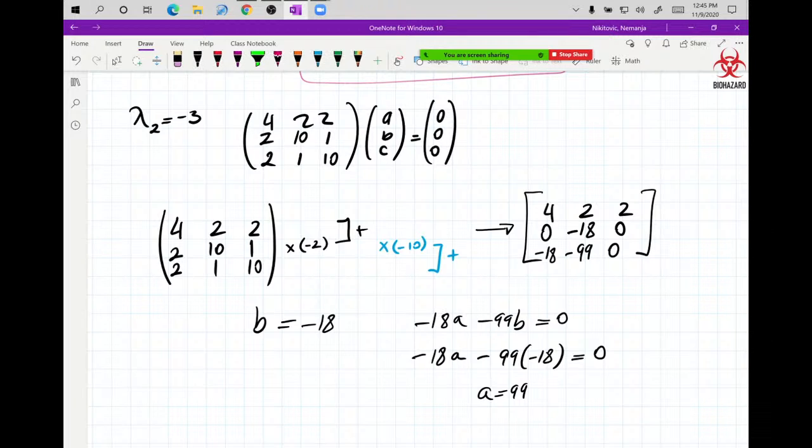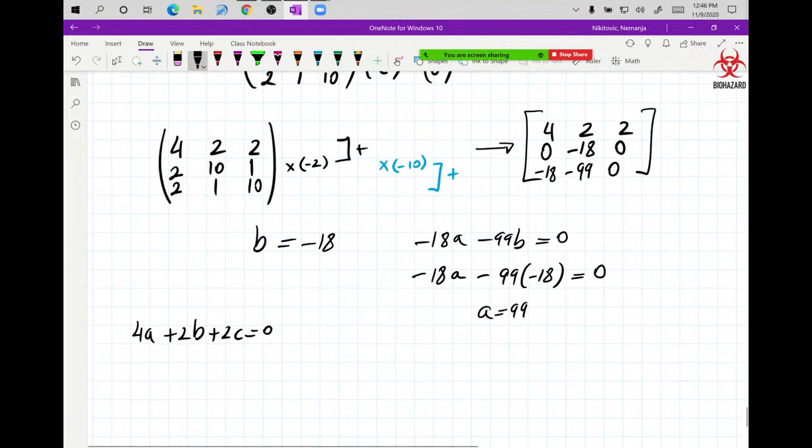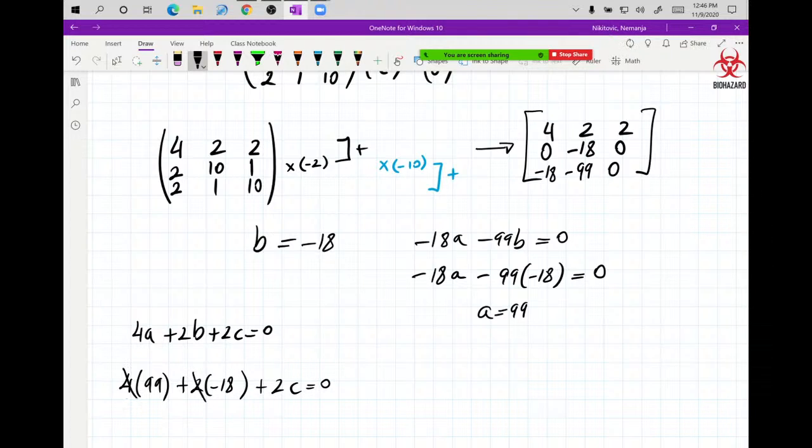That's 4A plus 2B plus 2C to be equal to 0. 4 times A is 99, plus 2 times B is -18, plus 2C equal to 0. I'll cancel the 2 everywhere.